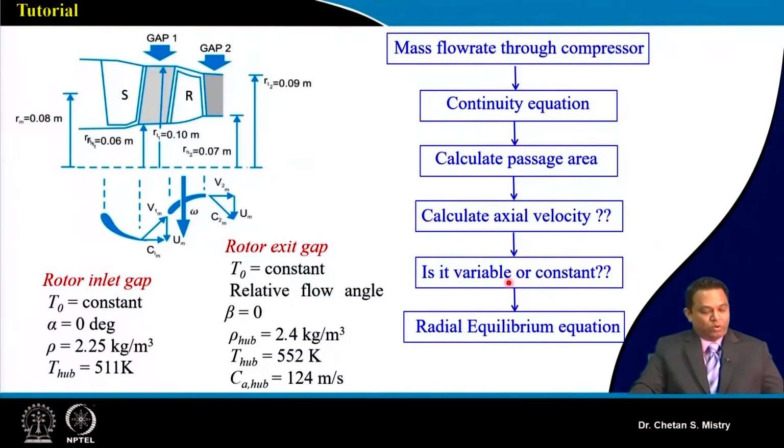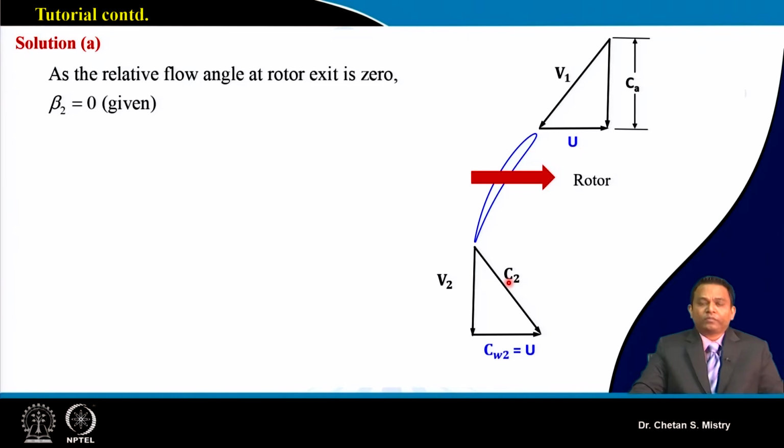So let's start. Here in this case, if you look at the exit of my rotor, my velocity triangle is given to me. Suppose I consider this is my rotor, we can plot our velocity triangle like this. At the exit it says my beta is equal to 0.